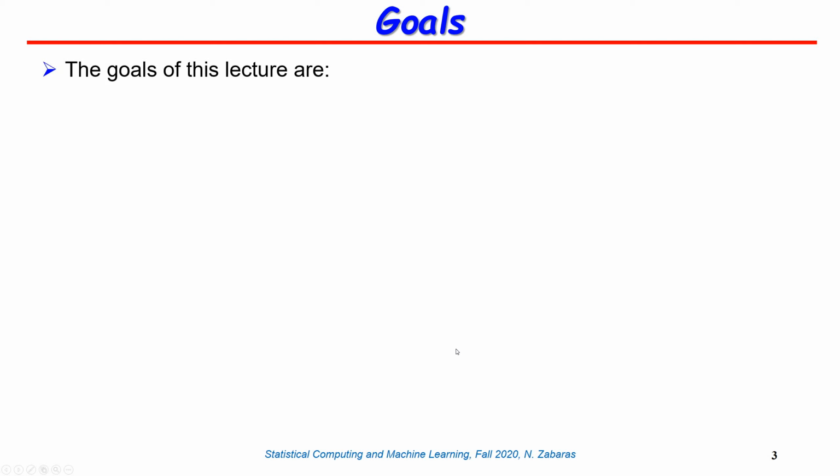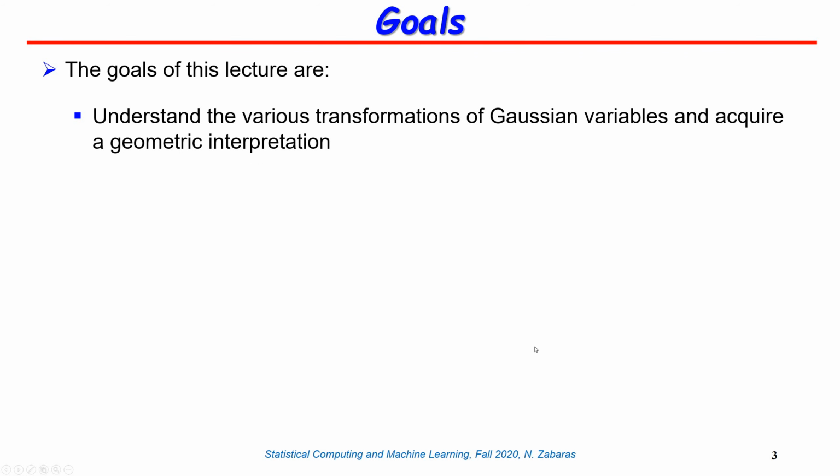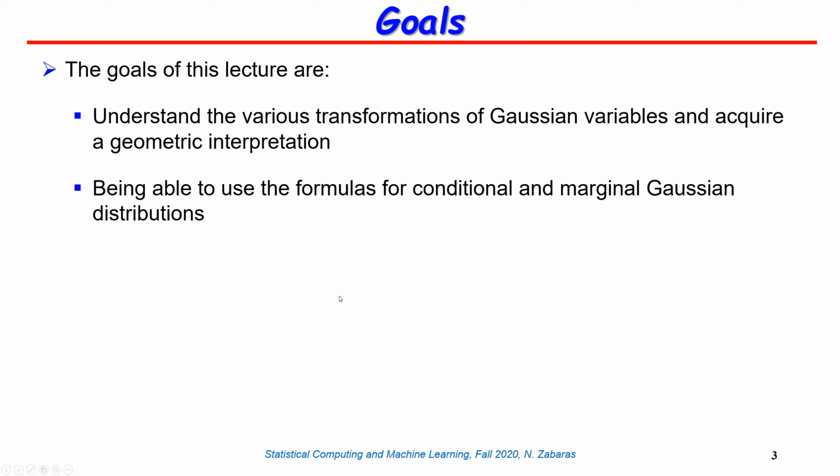All right, so the goals for today's lecture are to understand the various transformations of the Gaussian variables and understand how to plot in two dimensions equal probability contours. We will calculate the moments of the multivariate Gaussian.